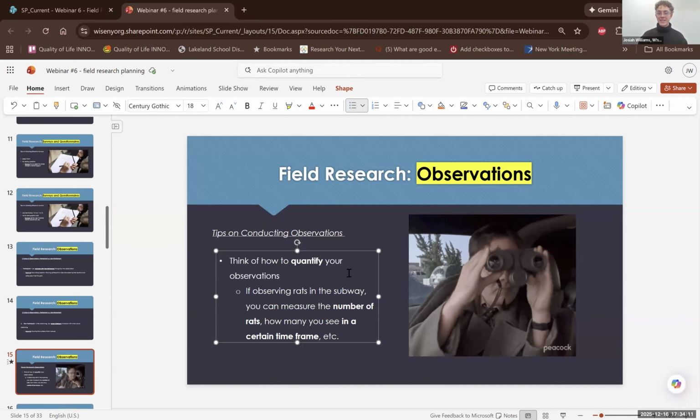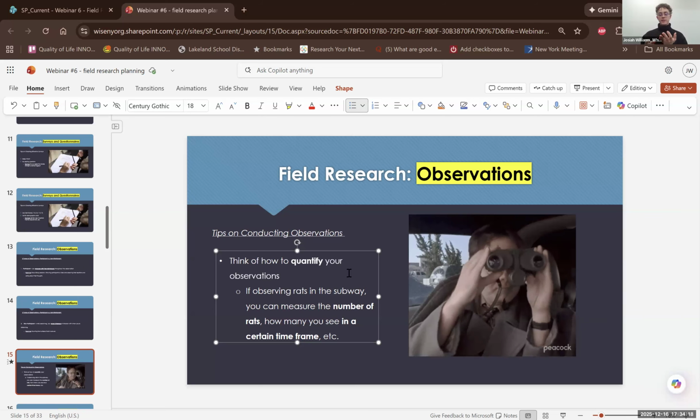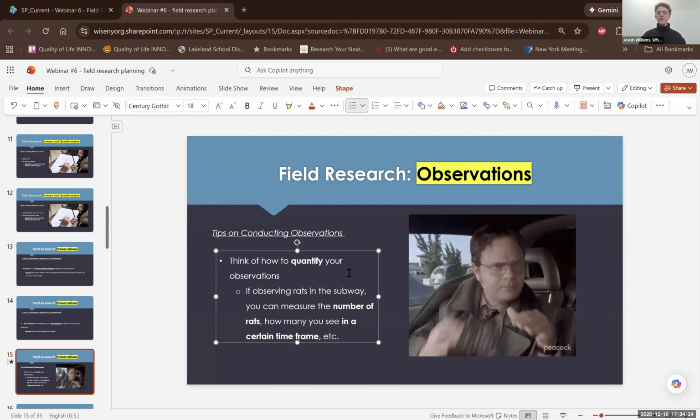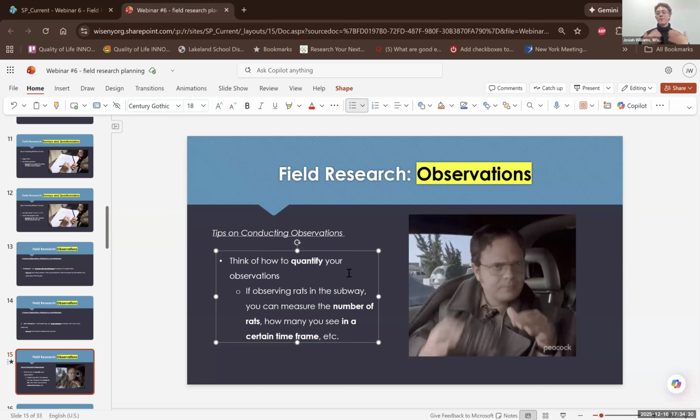So if you're observing rats in the subway, the number of rats, maybe in a time frame, maybe so I'm going to count all the rats that I see within 2 hours. And then I'm going to multiply that by every subway station and come up with a possible average.